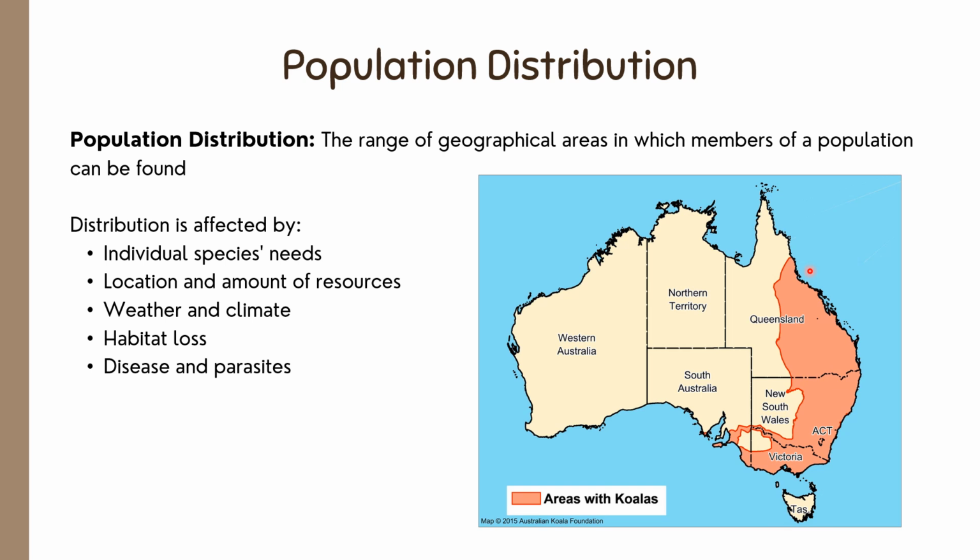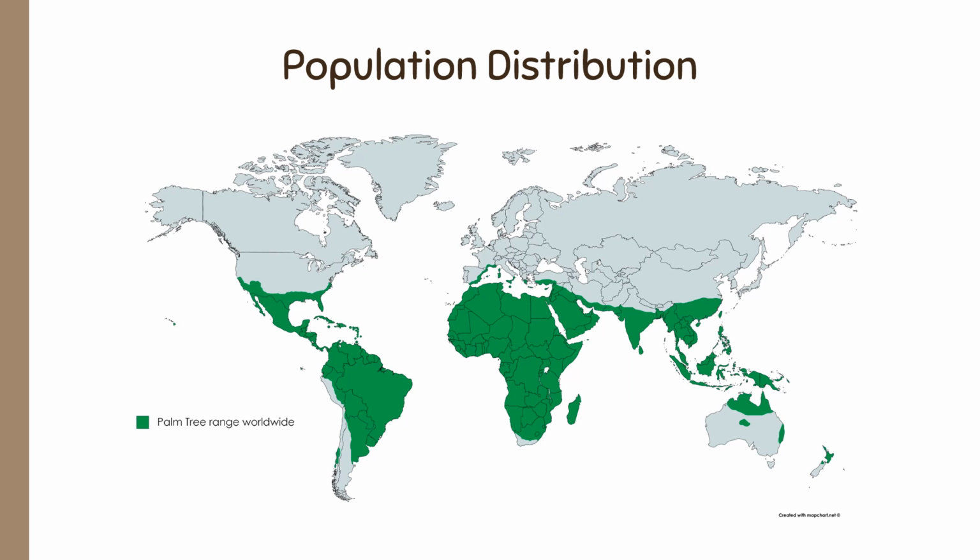Could be many reasons that affect this distribution. Here's another map that shows a population distribution, this time for palm trees. As you can see, they're found around this middle section of the world. As you can probably guess, these areas tend to be a little warmer, a little bit more humid, so this is the ideal location for these palm trees.